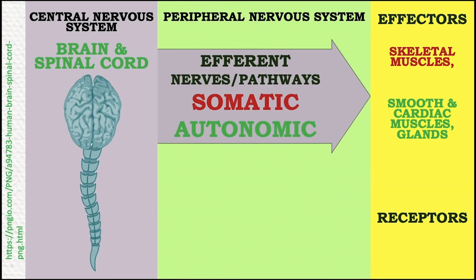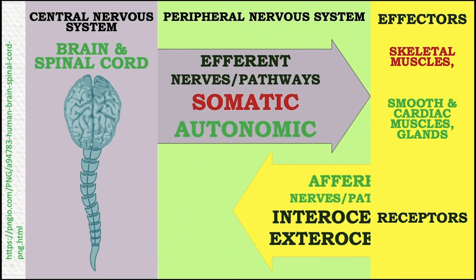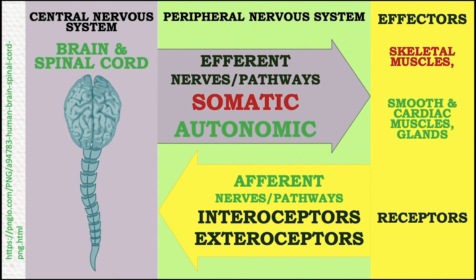Now, the other part of the peripheral nervous system is the afferent pathway, which, as this arrow indicates, means that impulses or signals come from receptors and are conducted towards the central nervous system.